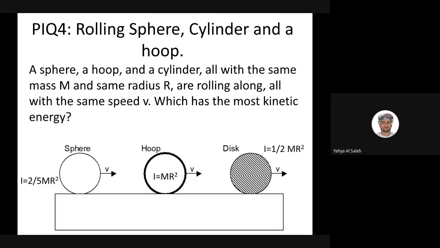Yes, you are correct. Hoop would have the most amount of kinetic energy.